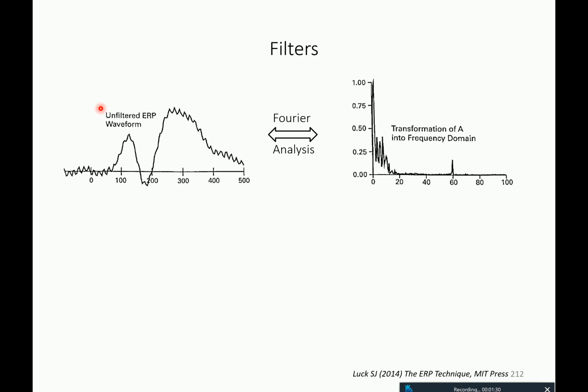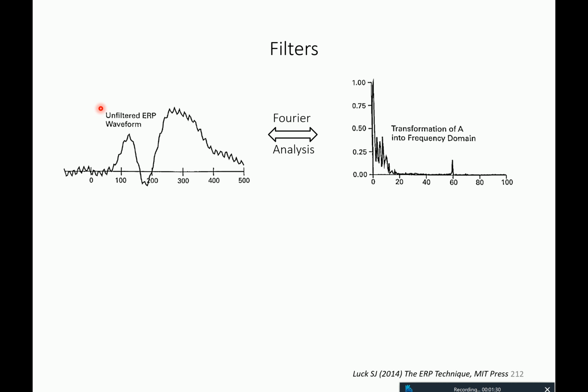Here you would have some event-related potential waveform, and as previously mentioned, these can be represented by the amplitudes of the respective frequency content. What you should see here is that there's a low frequency contribution to the signal, and there's something high frequency, namely this zigzag on top of it.